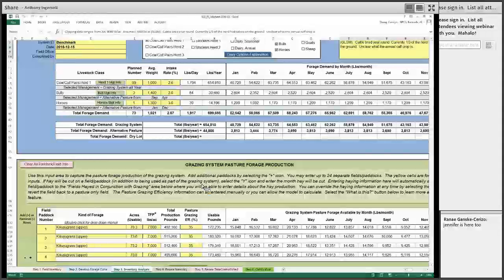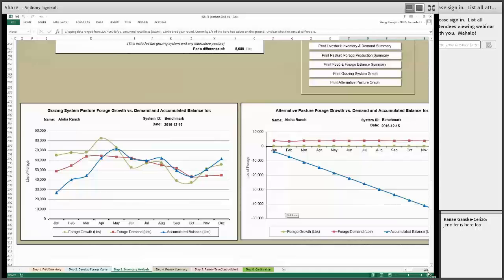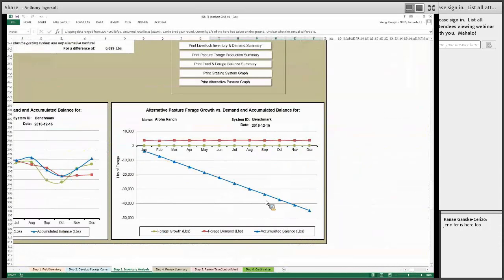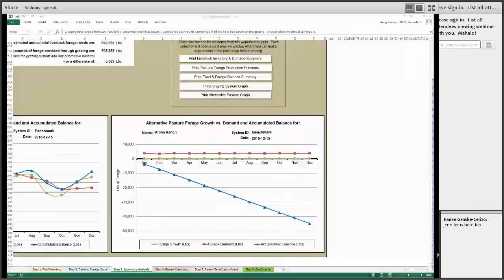All right. So our balance on the grazing system changed because we removed the bulls and the horses. And our alternative system is not balancing. I think I know why. Hang on one sec, guys.